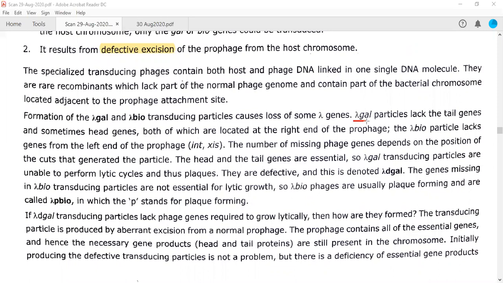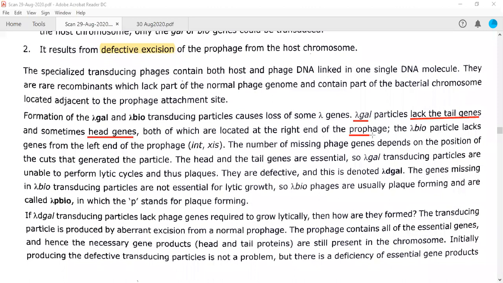So as I told you, if it is taking the galactose fermenting gene, it will lack the tail genes, right? And sometimes even some of the head genes, because the head genes are very close to the tail genes, so it may lose some of the head genes also. Both of which are located at the right end of the prophage.